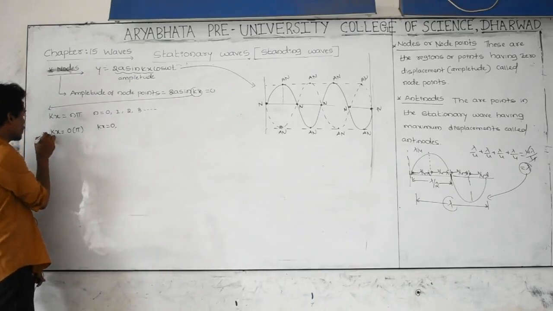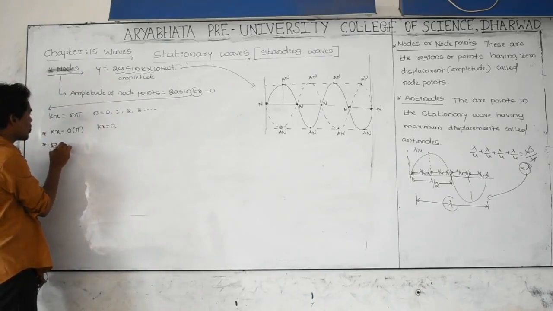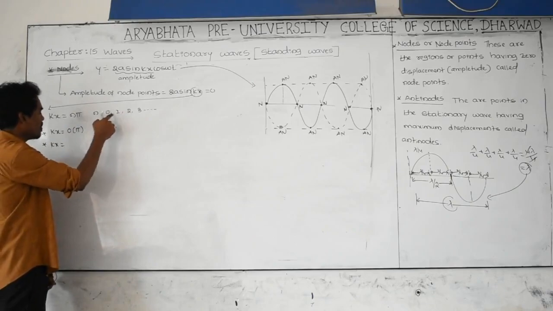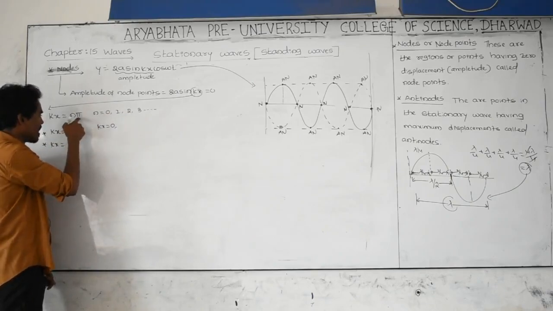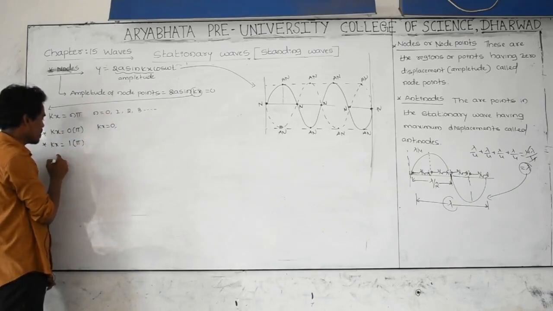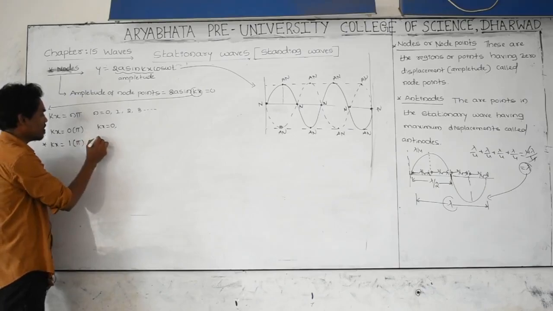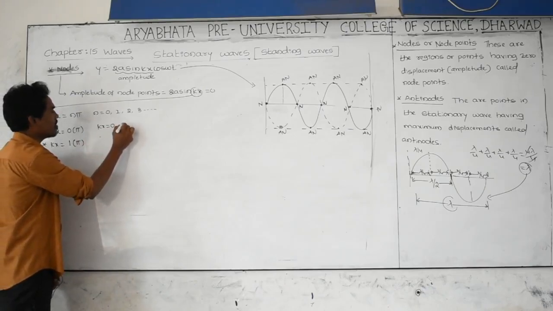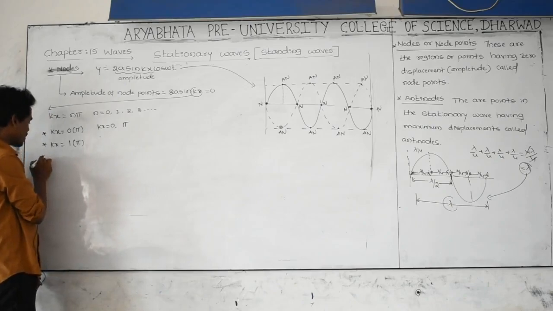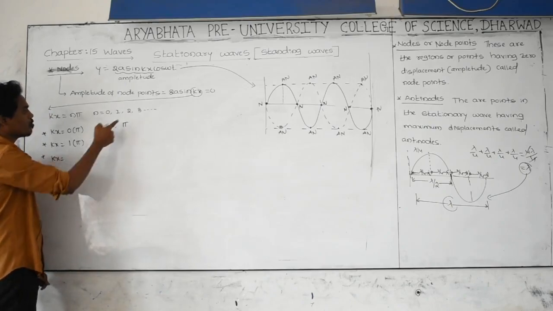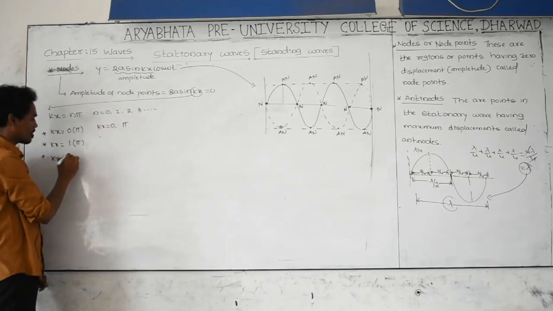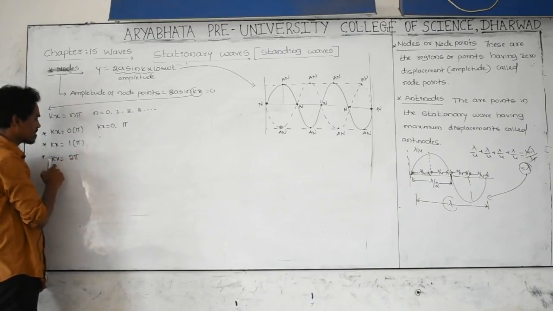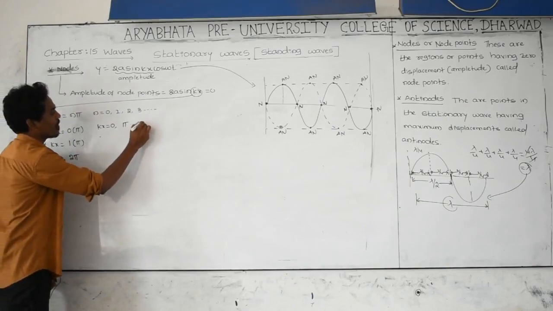Substitute n is equal to 1. Then 1 into pi is pi, which means kx is equal to pi. Third condition, substitute n is equal to 2. Then 2 into pi means kx is equal to 2 pi.